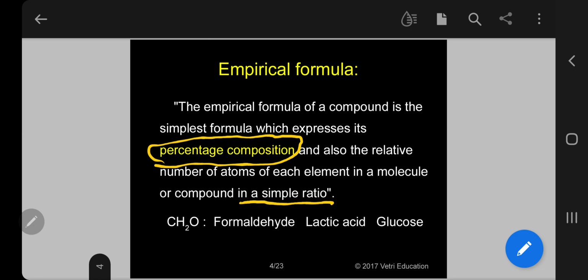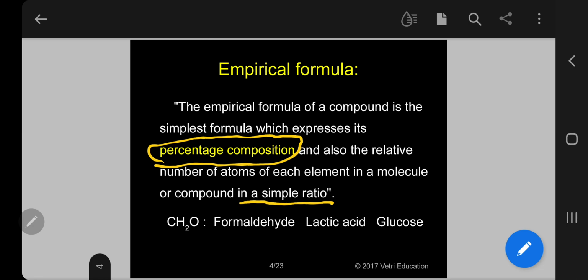Let me repeat again. The empirical formula of a compound is the simplest formula which expresses its percentage composition. It gives percentage composition, and also the relative number of atoms of each element in a molecule or compound in a simple ratio.